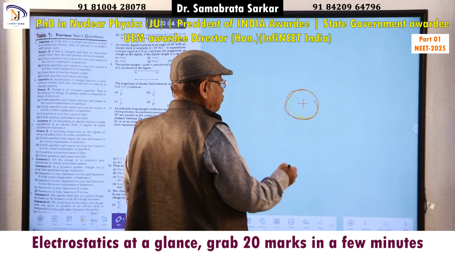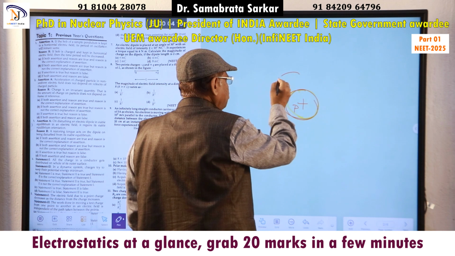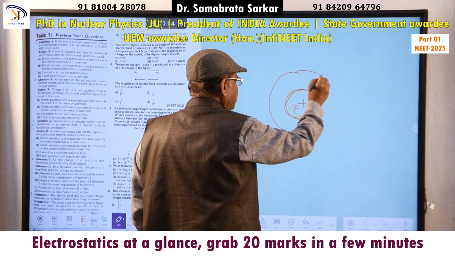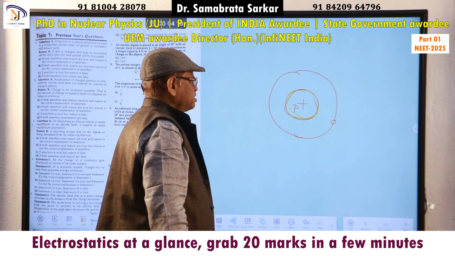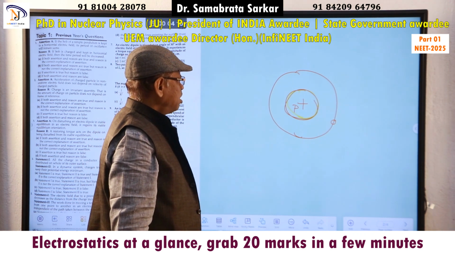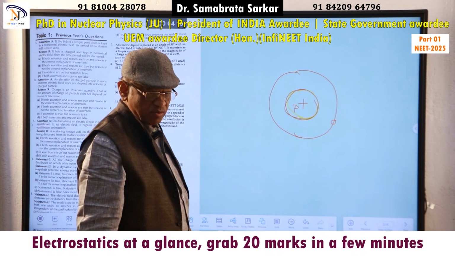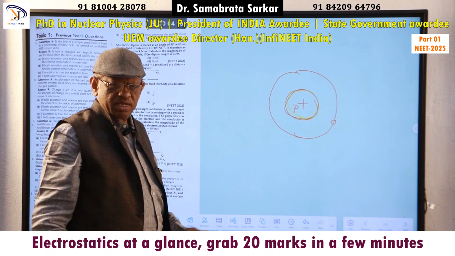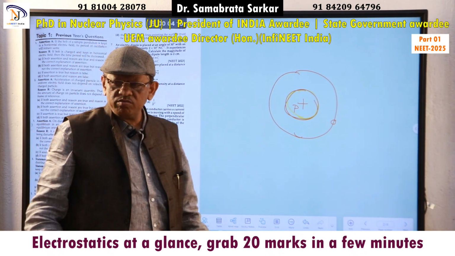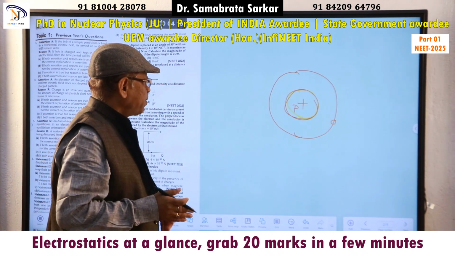The number of protons available must be equal to the number of electrons that surround the nucleus in specific orbits. If one proton is there, then one electron will be there, and on the whole it will be neutral. This is the basic idea about a neutral atom.